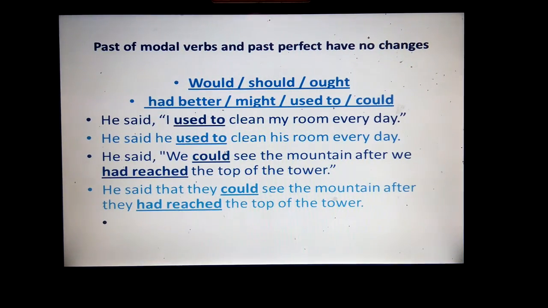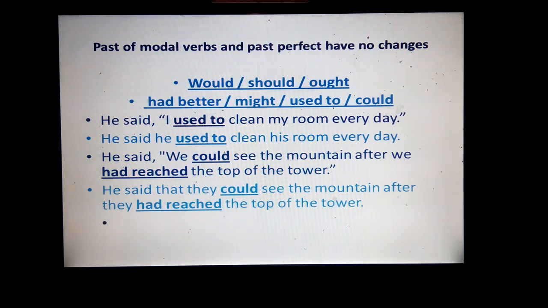He said we could see the mountain after we had reached the top of the tower. He said we could see the mountain after we reached the top of the tower. In reported speech, he said that they could see the mountain after they had reached the top of the tower.